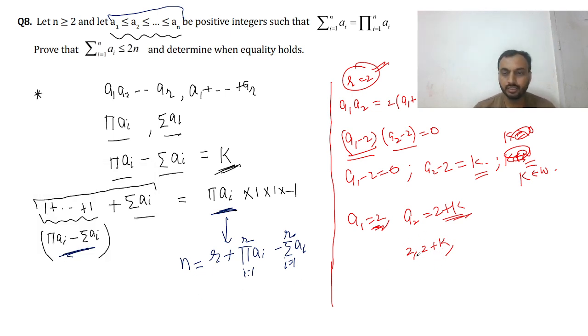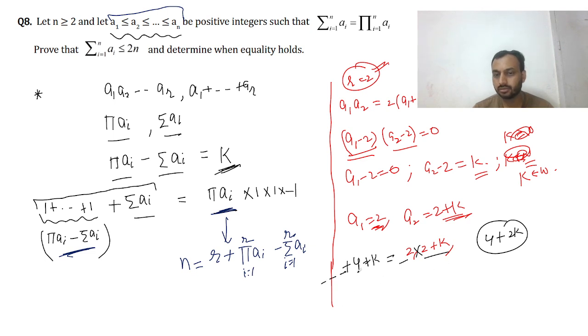We can prove it: if we have two numbers 2 and 2 plus k, what is their product? 4 plus 2k. Now if we use that the product of numbers is equal to the sum of numbers, that is 4 plus k.